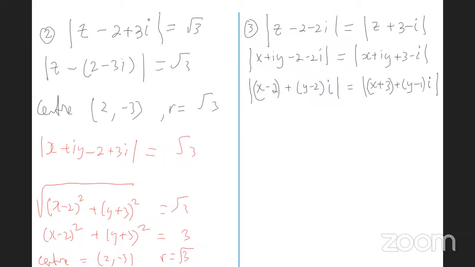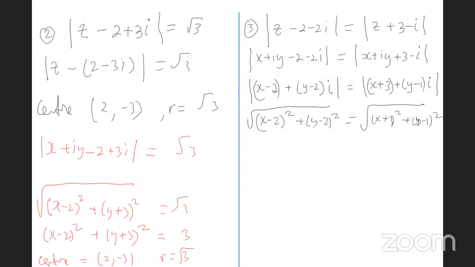Right, Rana, you'll have to expand. Right, so after you square both sides, you're going to have to expand it out a little bit, right? When you expand, it will simplify out nicely. So here you'll end up with the square root of x minus 2 squared plus y minus 2 squared, equal to the square root of x plus 3 squared plus y minus 1 squared.